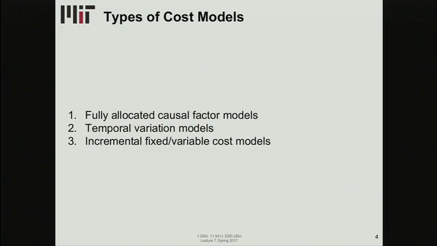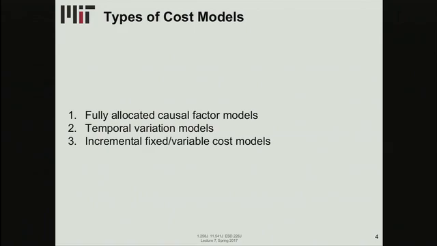All right, so there are three types of cost models that we're going to discuss. The first is a fully allocated causal factor model. It's the simplest of the ones we'll discuss. One of the problems with that model is that it allocates all of the costs to some categories, and it's not sensitive to time periods. And as I said earlier, some costs vary a lot by time period.